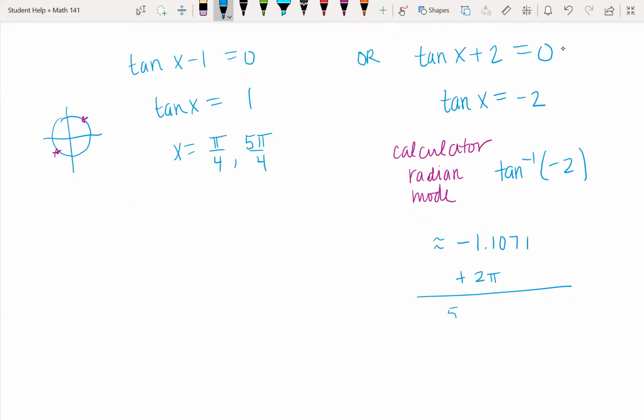So I have 5.1760, which is in the fourth quadrant, right?